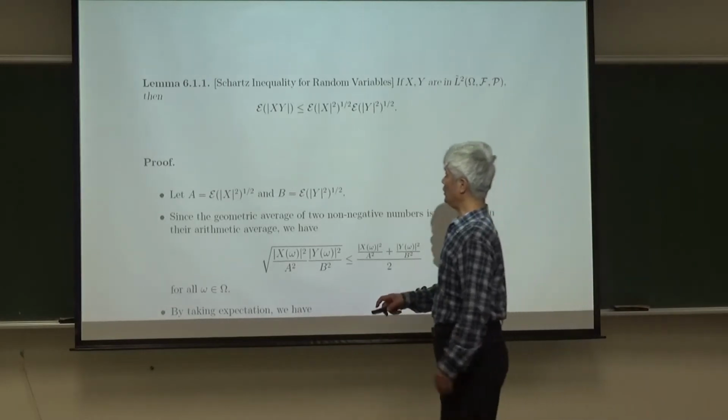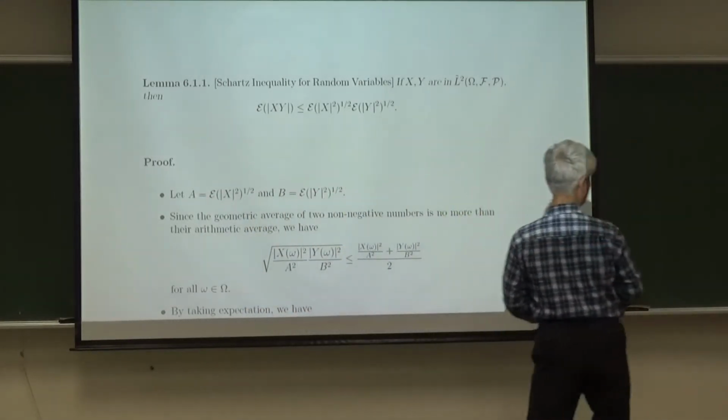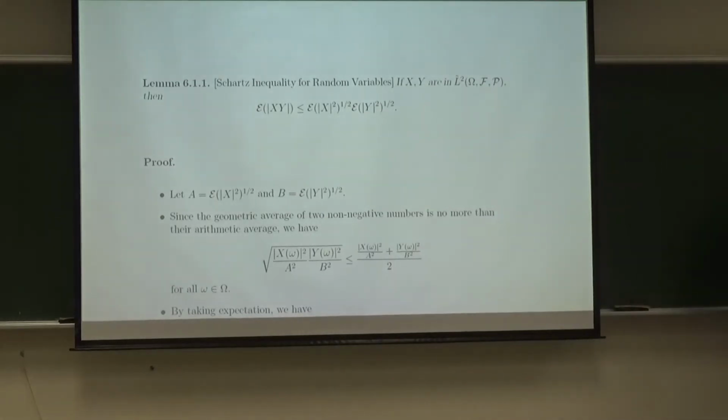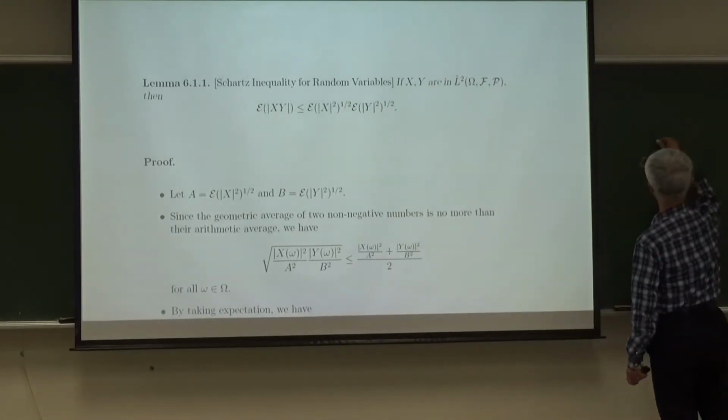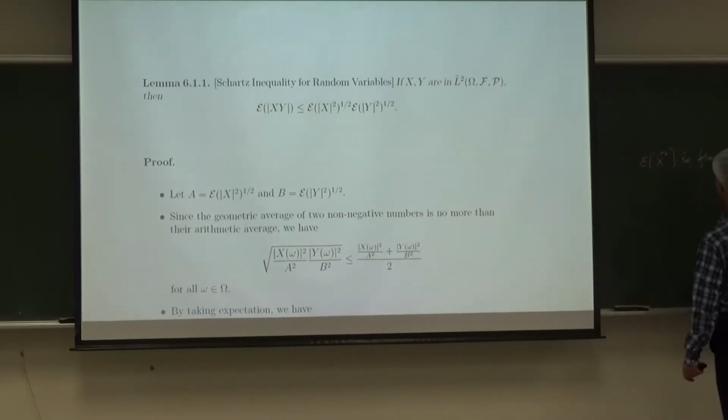Anyway, as we know, the expectation is finite. Okay? Because the square of a random variable is also a random variable.